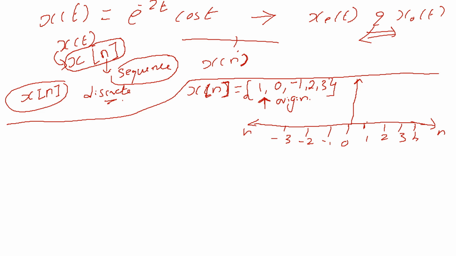So let us try to draw this. At origin, let us try with some other color, the value of the signal at n equal to 0 is 1. Let us say this is 1. The value at 1 is 0.